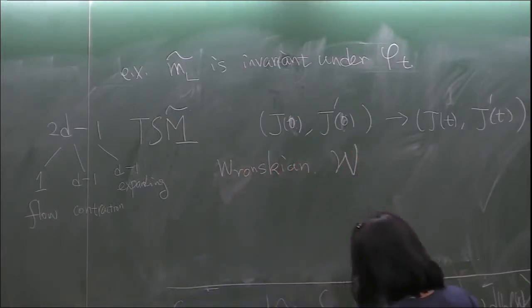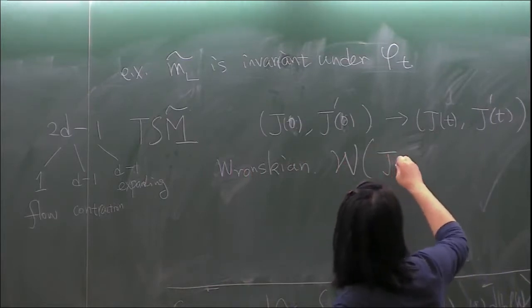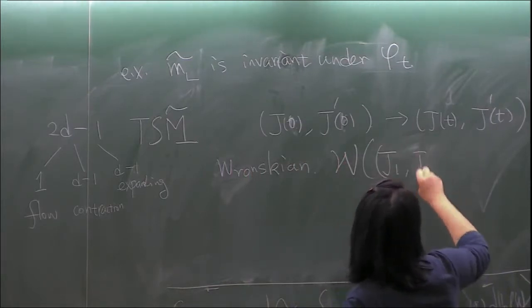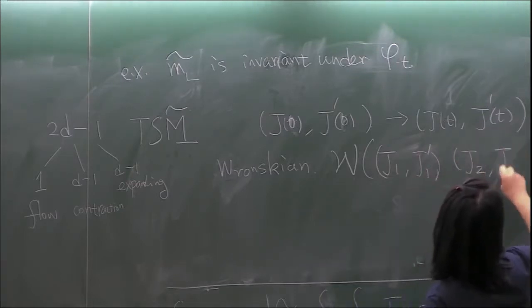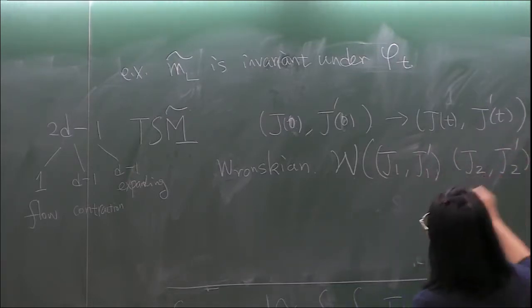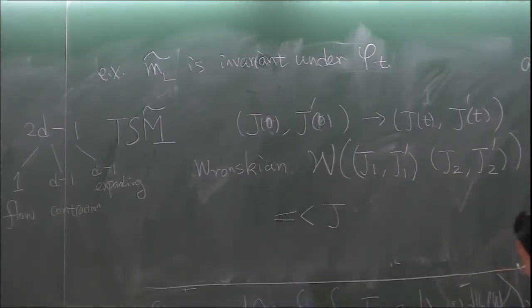Wronski symplectic form on this. You have two vectors, J1, J1 prime, and J2, J2 prime. You define this one as just like the determinant.